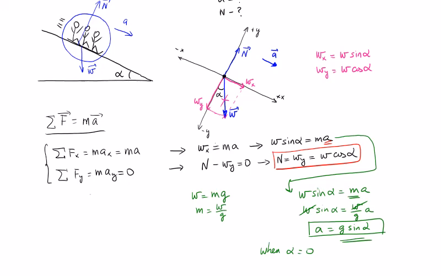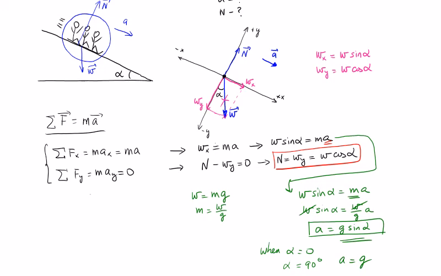The acceleration becomes 0, as we should expect. The toboggan would not slide. When the surface is vertical, which means alpha equals 90 degrees, sine 90 is 1, and we end up with acceleration g. It's a free fall, which we would expect.